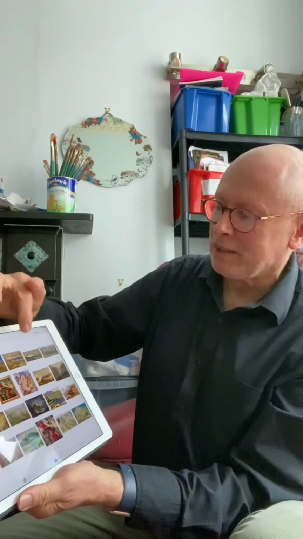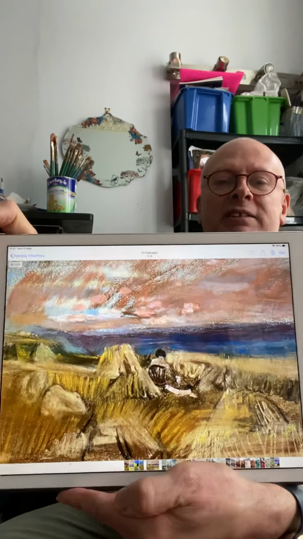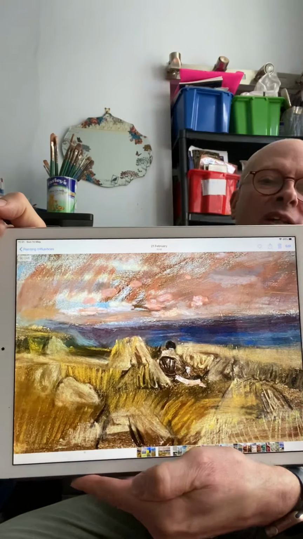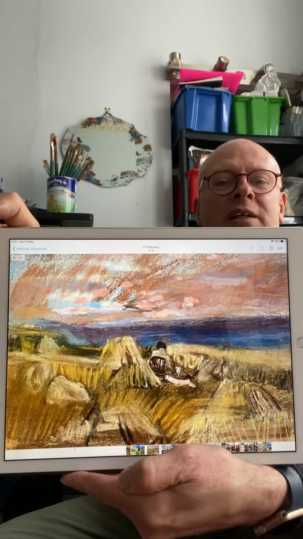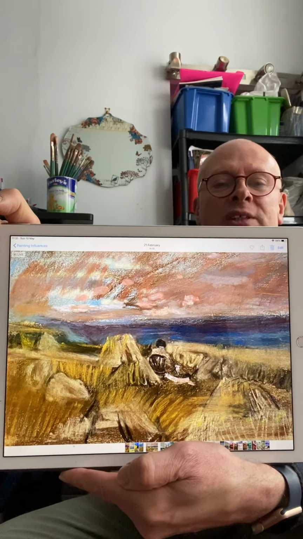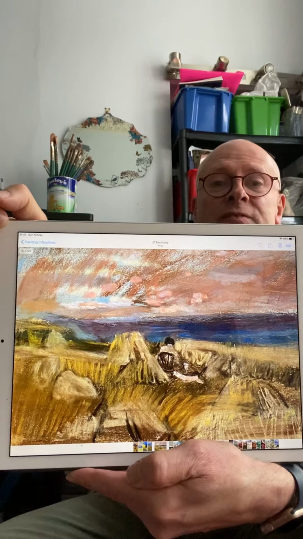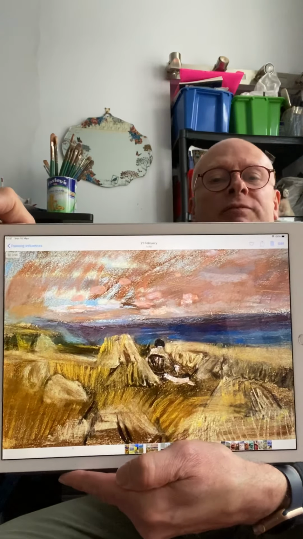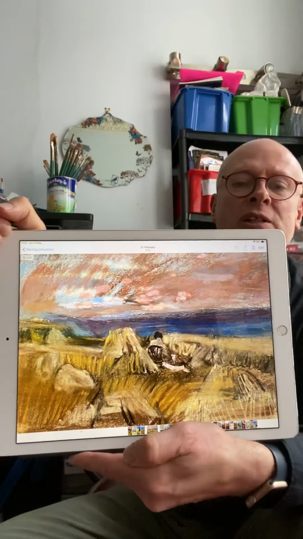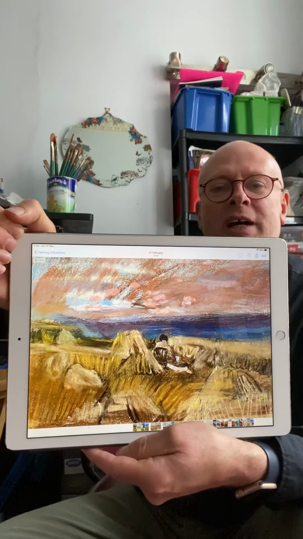Now, one of my great heroes, or heroines if you like, is Joan Eardley, who is a Scottish landscape painter, sadly no longer with us, and she was around up until about the 1950s. A graduate of Glasgow School of Art, and she was not dissimilar from Van Gogh.